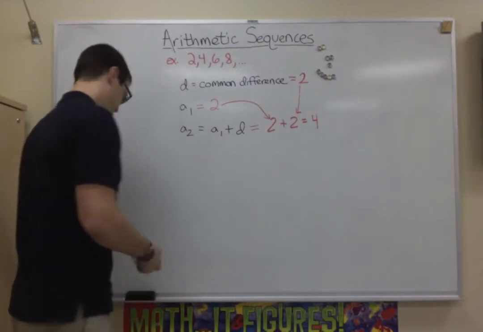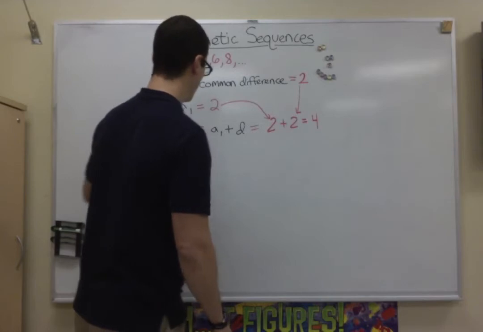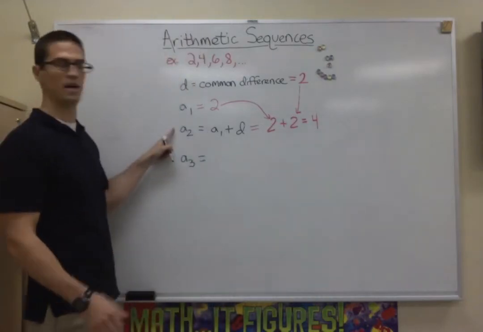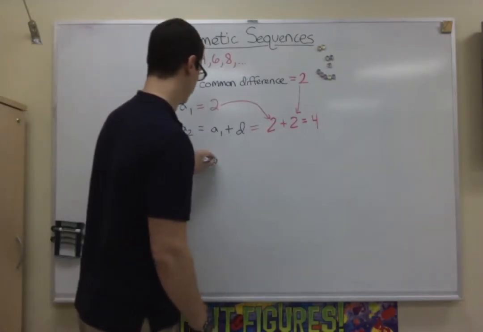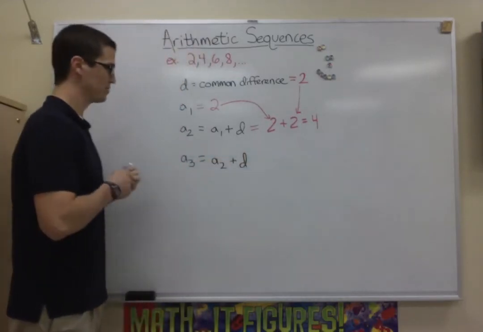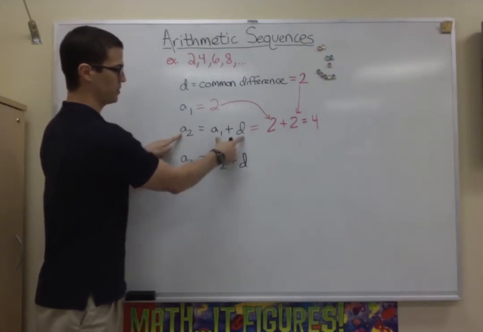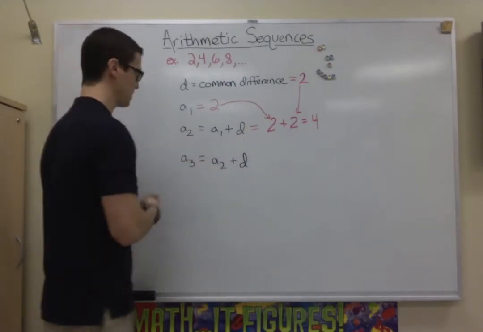Now, A3 is going to be equal to whatever A2 was, plus D again. But then a little interesting thing happens here, where you can actually substitute A2, and substitute this whole thing in for A2. So that's basically what I'm going to do.